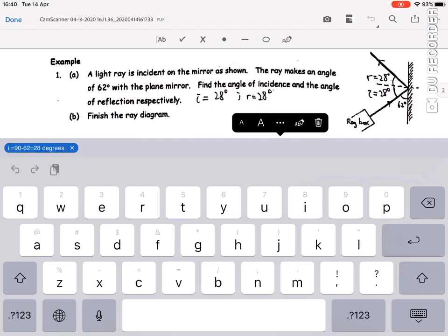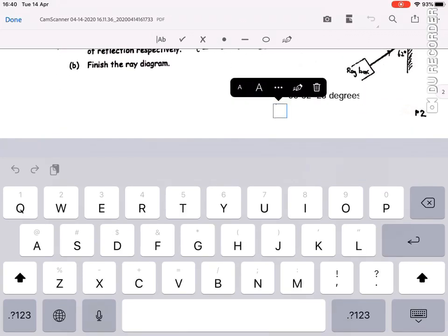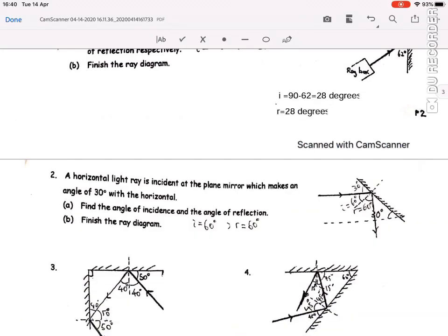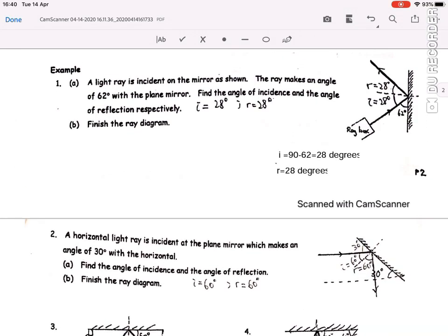So in here, let me just add on to this by saying R would be equal to 28 degrees as well. Okay? So in here, you can tell that the incident angle I is equal to 28 degrees, and R is equal to 28 degrees. That's how we get this, by drawing in normal.